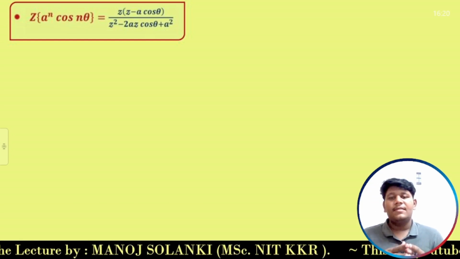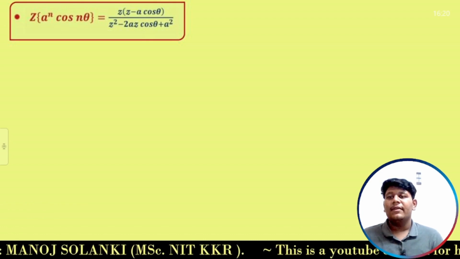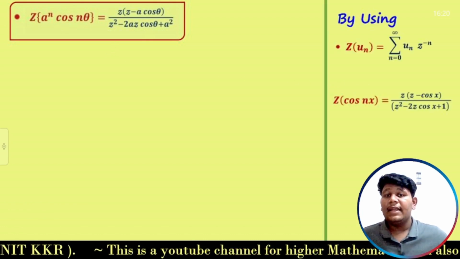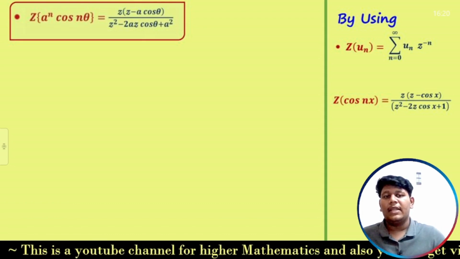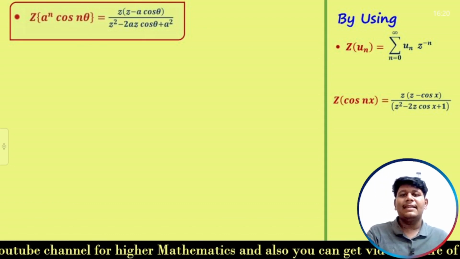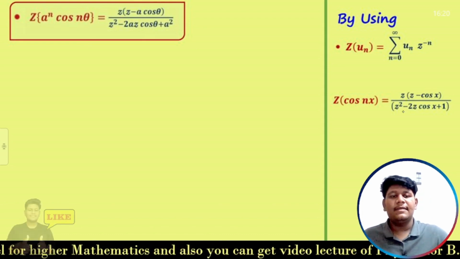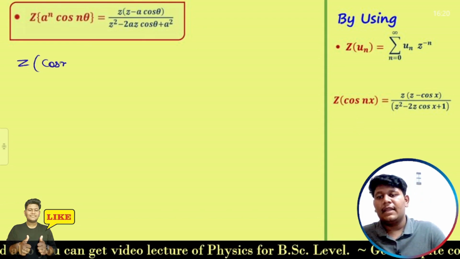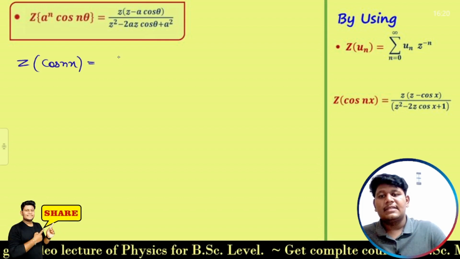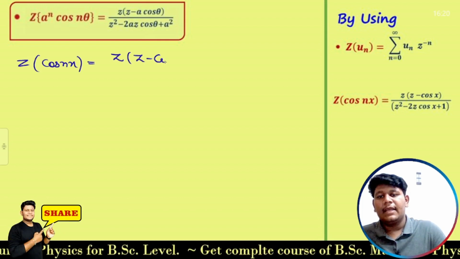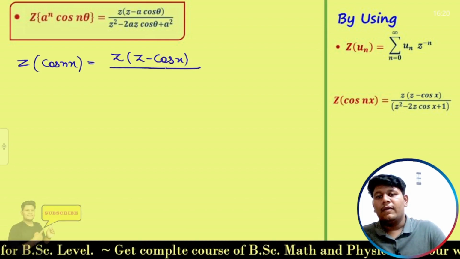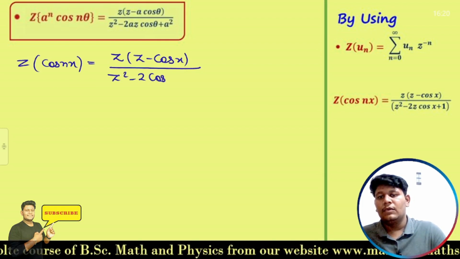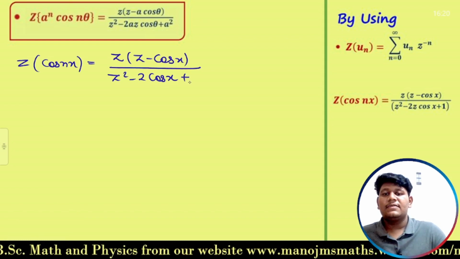If a power n is in multiplication, by using damping we can easily calculate it, dividing z by a. And if there is a minus n, then multiply a with z. So this is the z transform of cos of n x. It is nothing but z into z minus cos of x over z square minus 2 cos x plus 1.